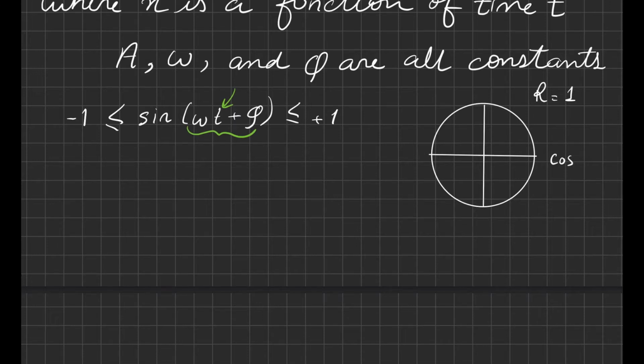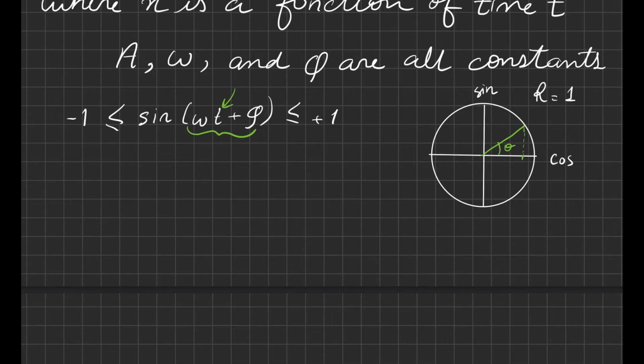The horizontal axis is the cosine and the vertical axis is the sine. Now any angle theta will have a specific cosine and a specific sine. That's how you can measure the sine and cosine of a specific angle using this trigonometric circle.